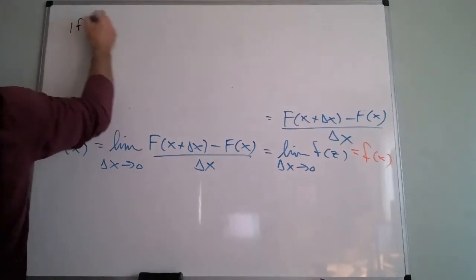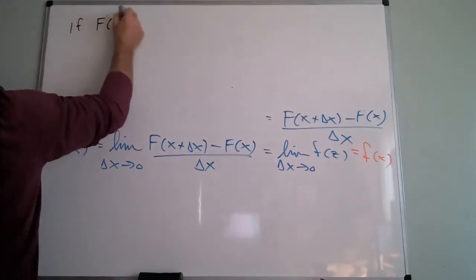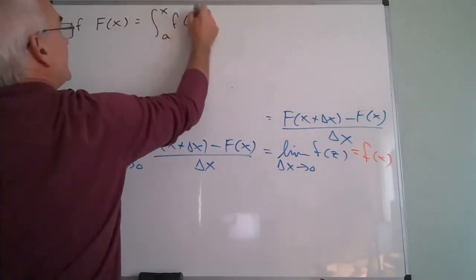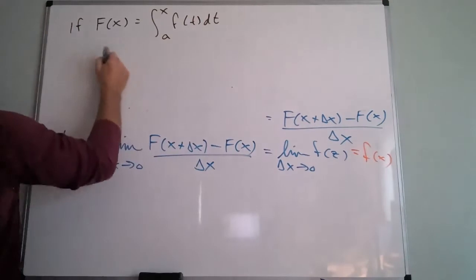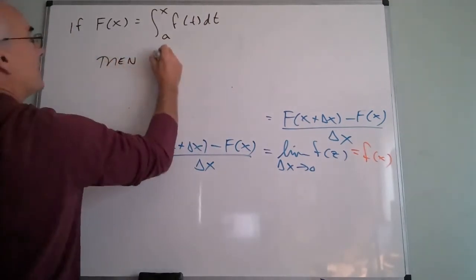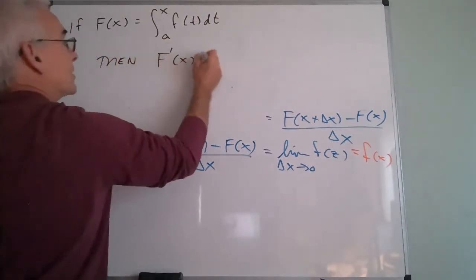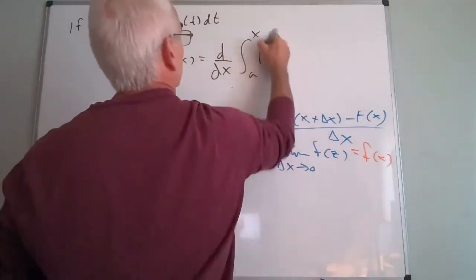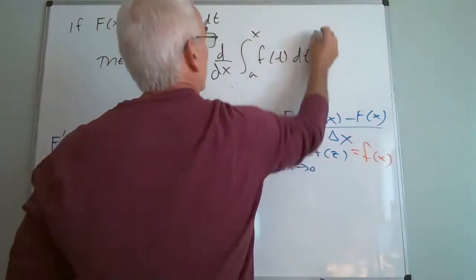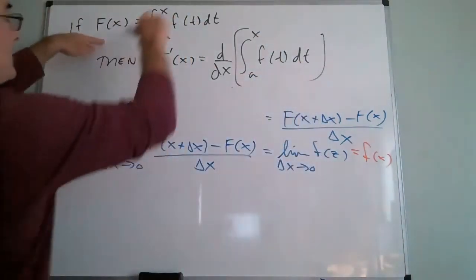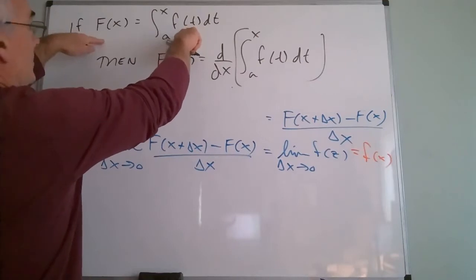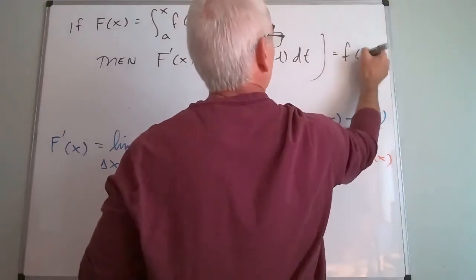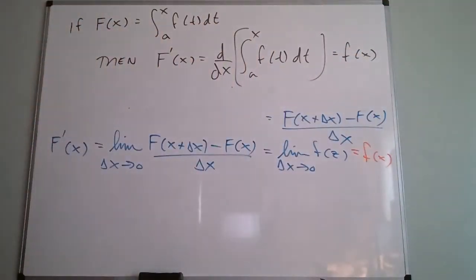Okay, if F of x equals the integral from a to x of f of t dt, then F prime of x, which would be d/dx of this, if F of x equals this, that's how we started this problem, then the derivative would be d/dx of this, and that's little f of x. That's what we have just proved.